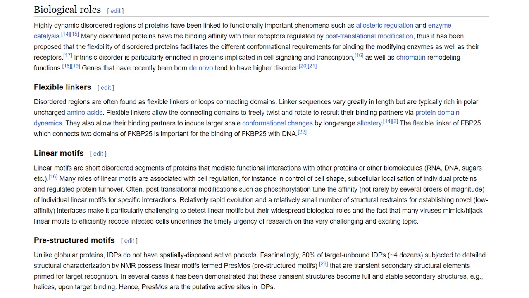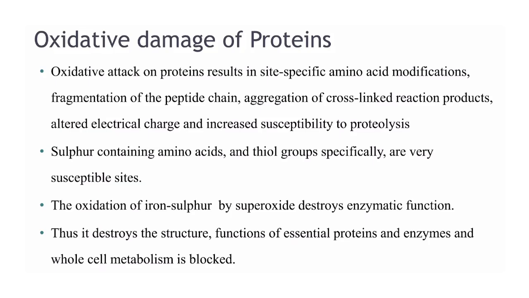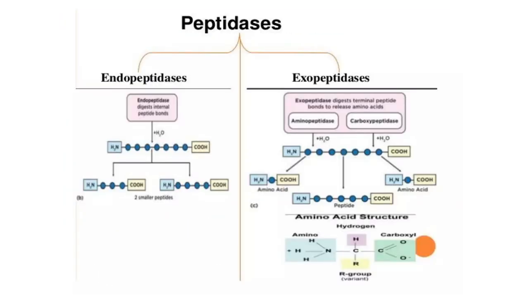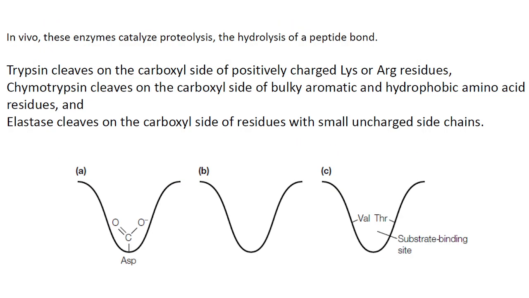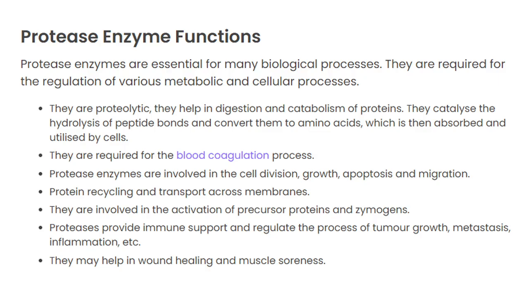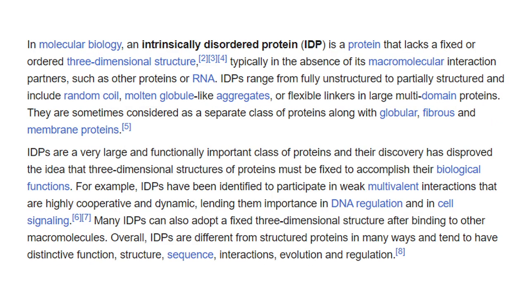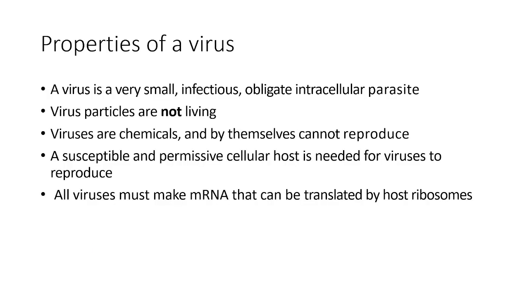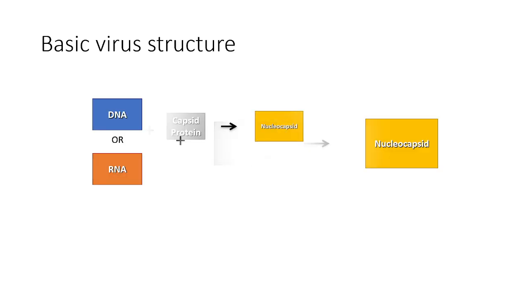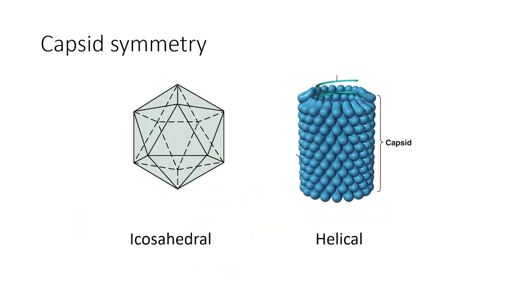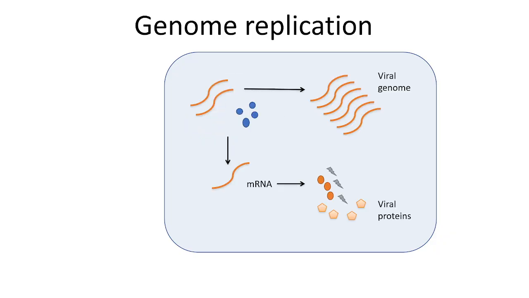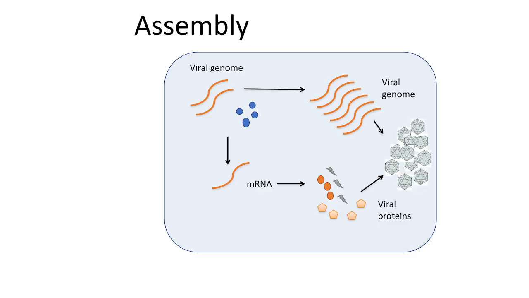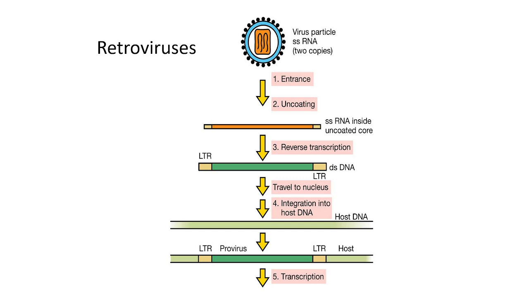So what you need to know is about the peptidases, the proteolytic enzymes, and where they cleave. These are very important portions, like trypsin, where it cleaves, and chymotrypsin. How they cleave and some of the functions are important, and then a little bit about IDPs, and then we go into viruses, about the mechanism of how viruses attack and multiply, undergo transcription, translation, replication, assembly, and then finally release.